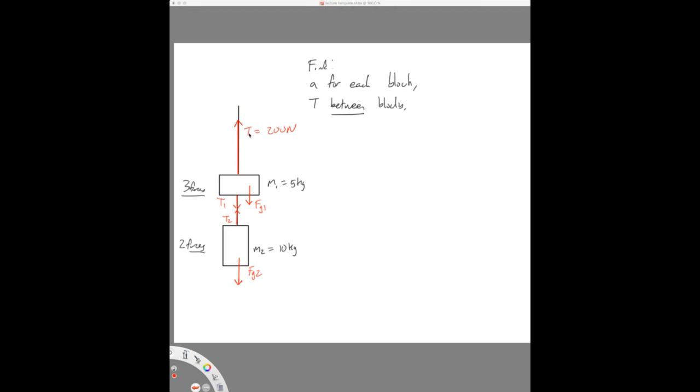They're different because this tension on top is between mass 1 and my hand, or whatever is pulling up on the rope at the top. That's not in my picture, but there's another side of that rope on the top, and there would be a 200 Newton force in that side of the rope as well. But whatever T1 is, T2 should be the same because of Newton's third law.